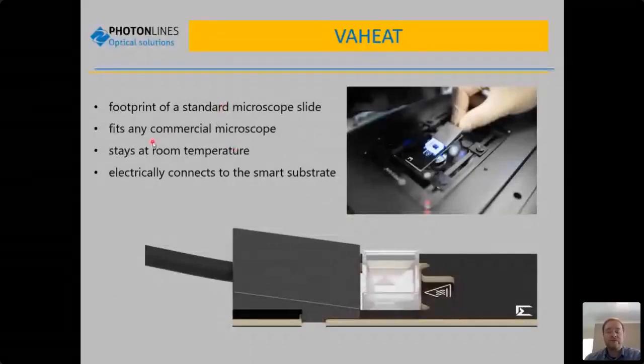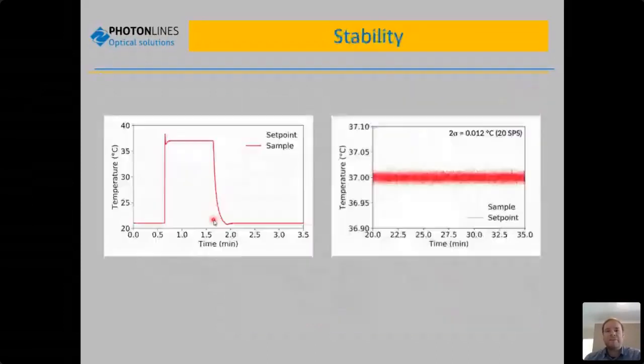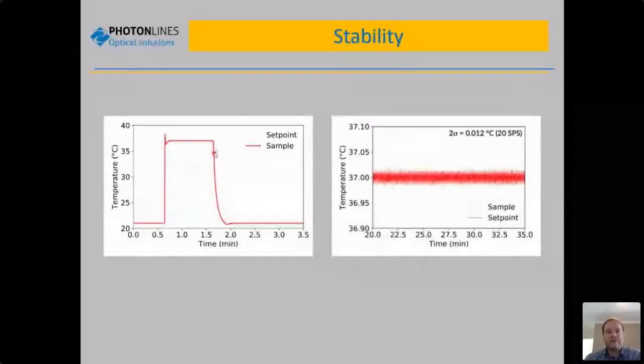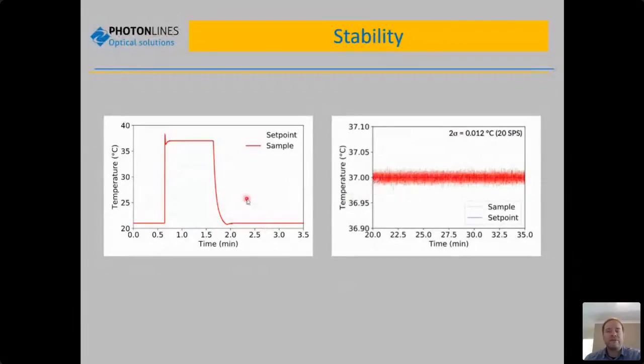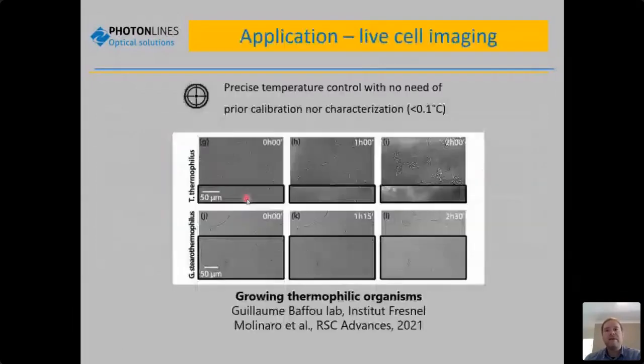It fits any commercial microscope, so inverted ones. It stays at room temperature, and it electrically connects to the smart substrate. The stability is quite outstanding. If you use an oil immersion objective, then also the heat goes down quite drastically, so you can do very, very precise heat shocks, for example, and you can see over time it stays very precise at 37 degrees.